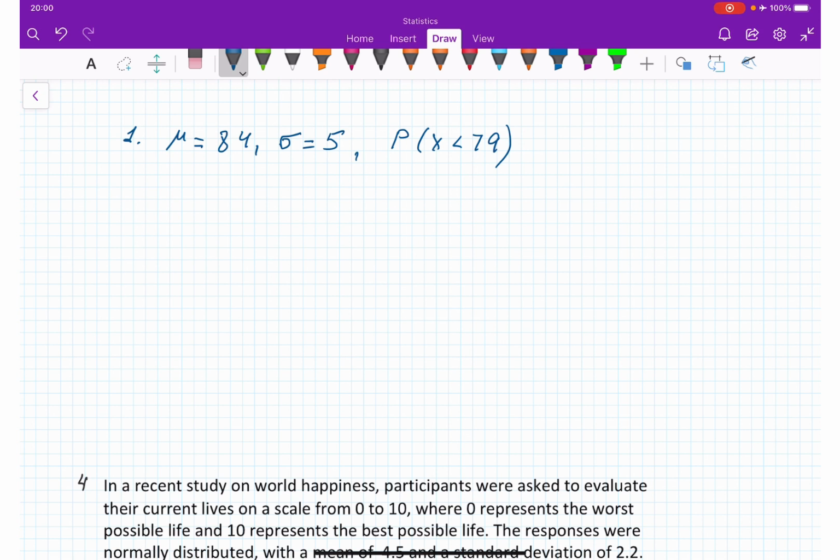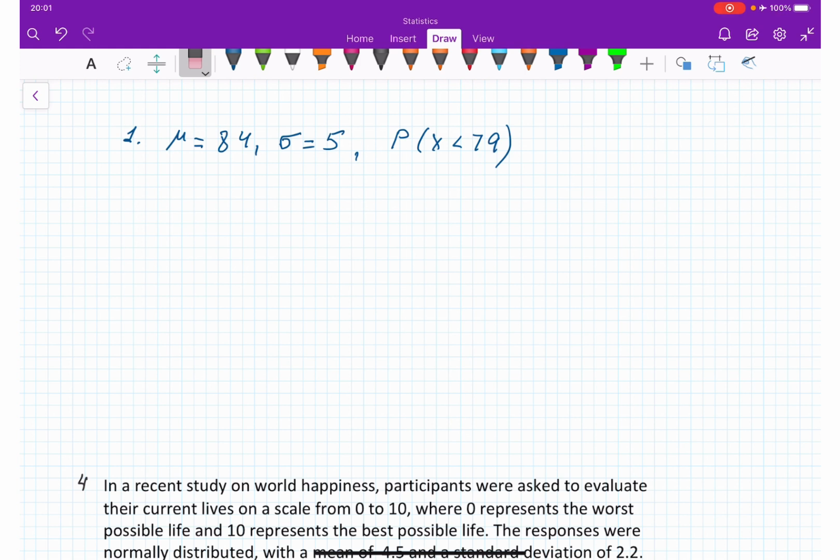So we have to convert x to a z-score, not convert but calculate the z-score from x, and then we will have access to the normal distribution table. Since x is given and the z-score is not given, we have to calculate the z-score.